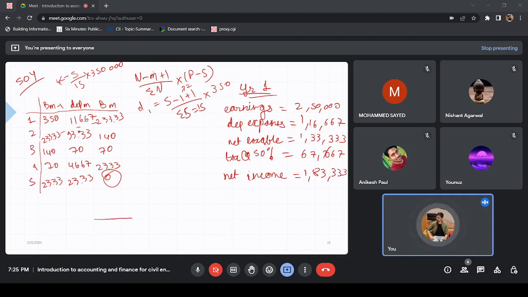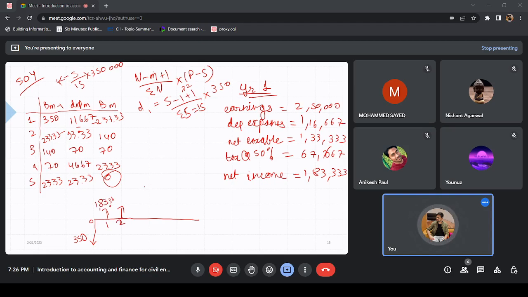So if you make the cash flow, you have got 350 here, and let's make it 1 here and 2 here. So this becomes 183 point. Any confusion on this part?